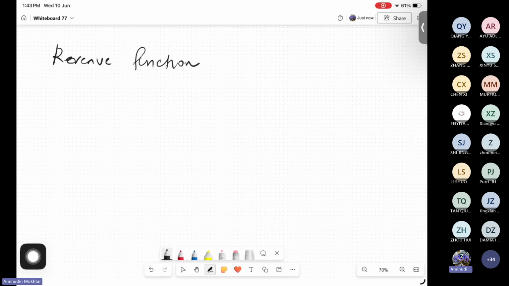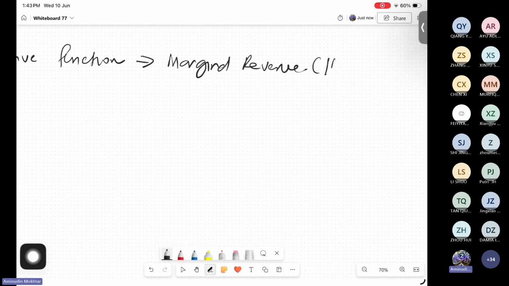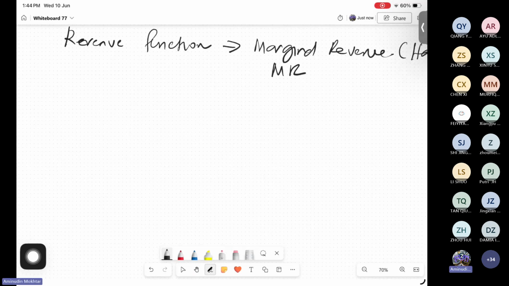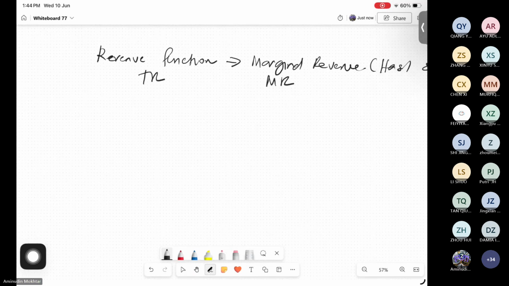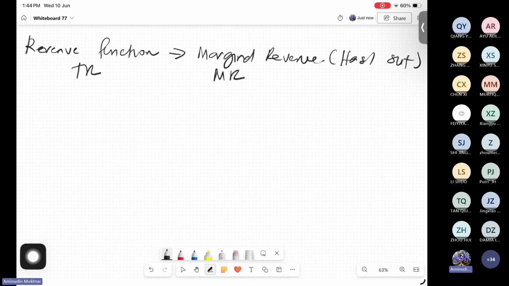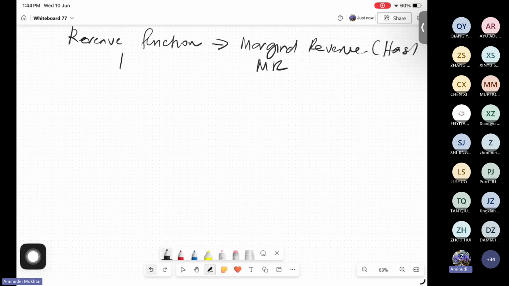From this revenue function, we can find the marginal revenue, or hasil sudut in Bahasa Melayu. There is the MR and TR. This is one of the concepts, and before this we also have total cost.